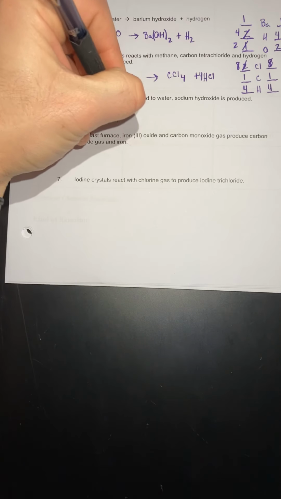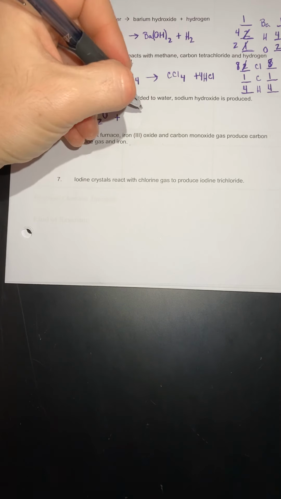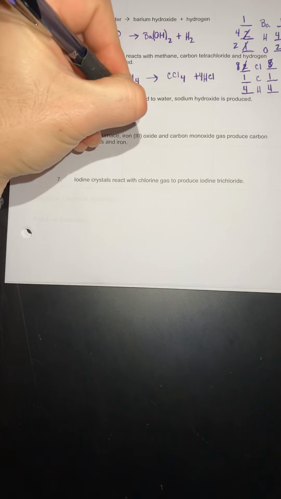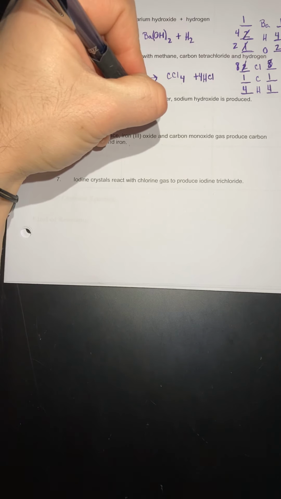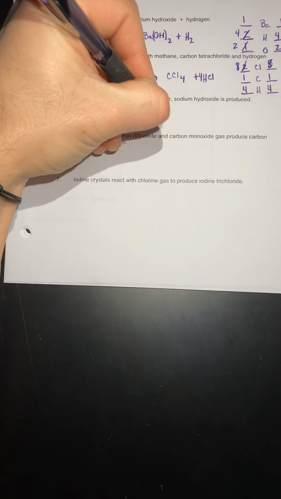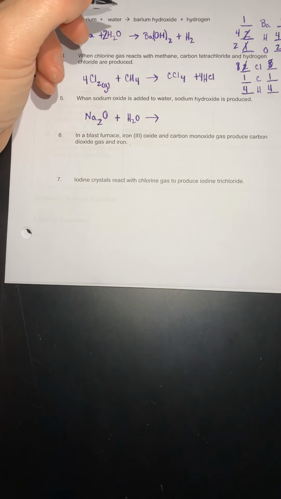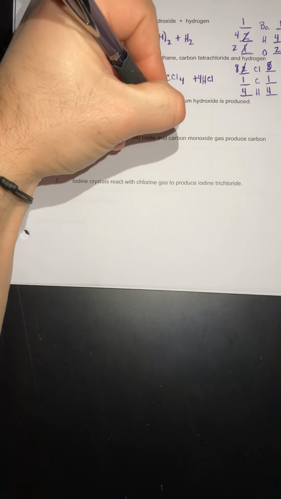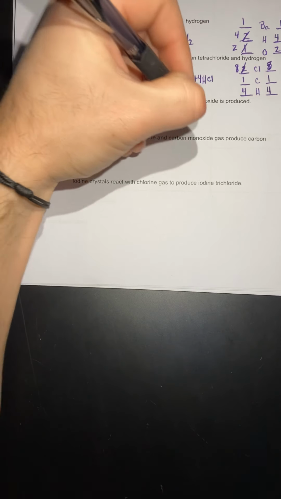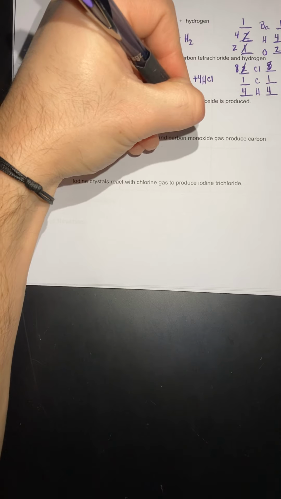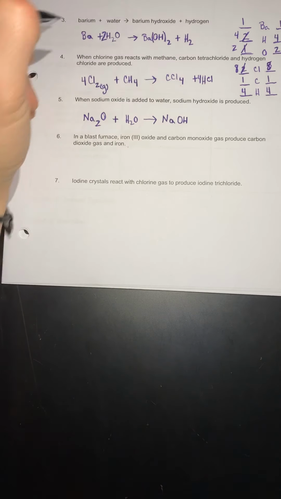All right, so sodium oxide is added to water. What's water? H2O. And it says sodium hydroxide is produced. Now, what's sodium? Na. Anybody remember what hydroxide is? OH. And it's a -1 charge.